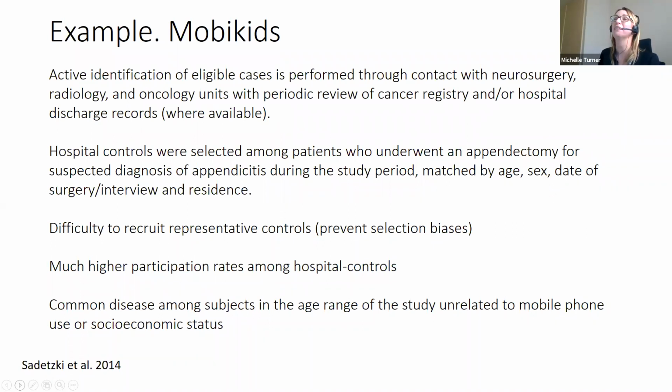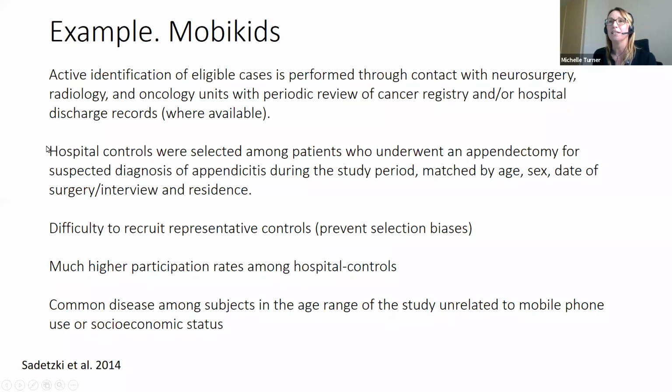Here's an example. The Interphone study was conducted in adults. And then a few years later, they conducted a similar study on mobile phone use and brain tumors in children. Here they recruited all of the cases through contact with these different hospital units, as well as review of the cancer registry and hospital discharge records.